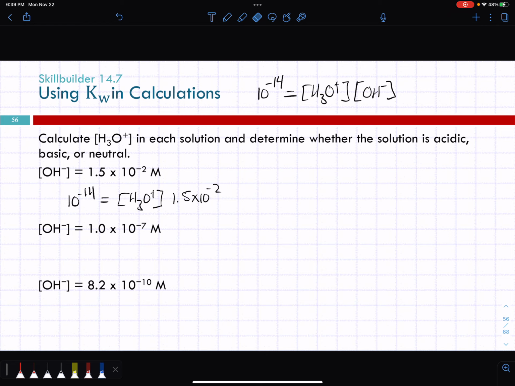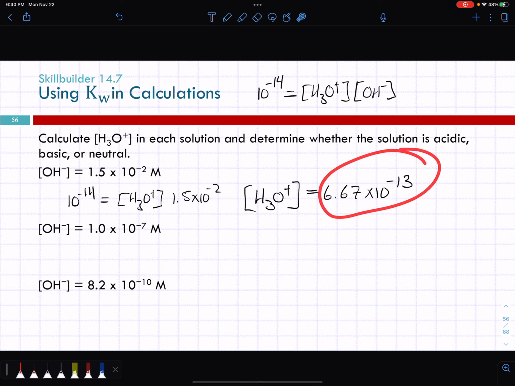On your calculator, you can type 1e to the negative 14 divided by 1.5e to the negative 2. So our H3O plus concentration will equal 6.67 times 10 to the negative 13. That makes sense, because if this is a relatively large number, this has to be a very small number.